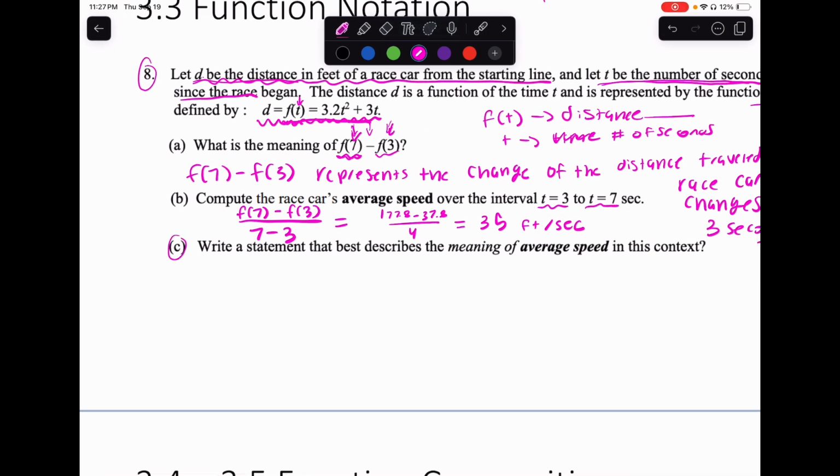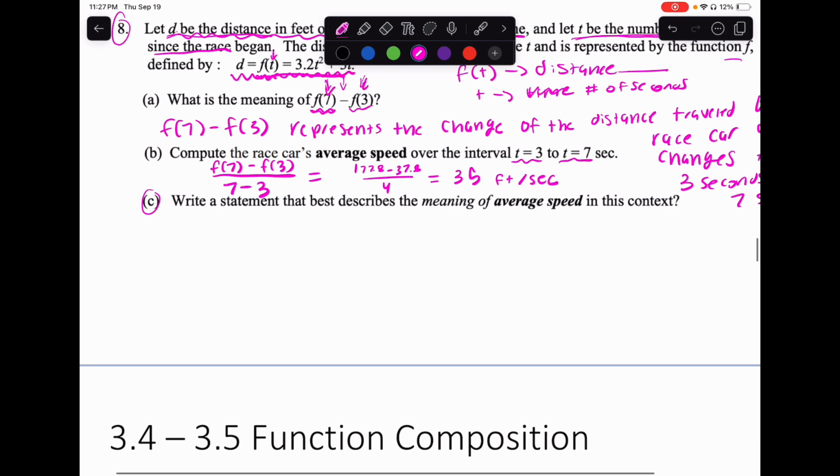Part C is just asking us to describe the meaning of average speed in this context. And I've talked about this a lot in class, but let's reiterate.